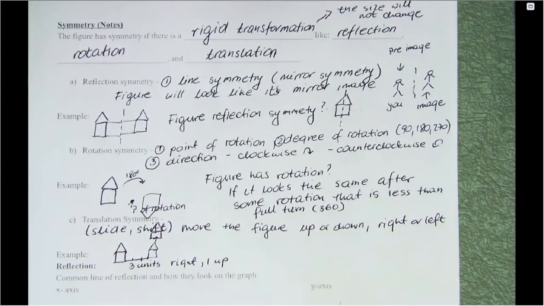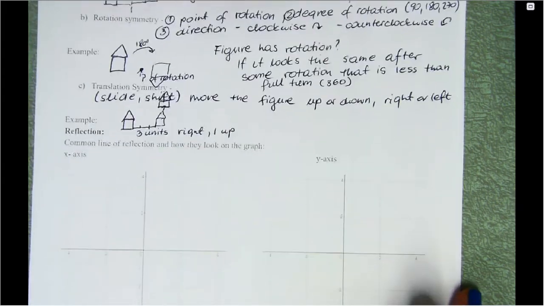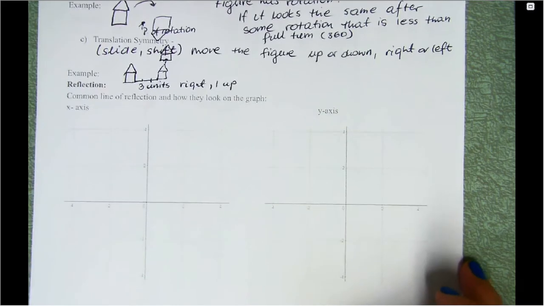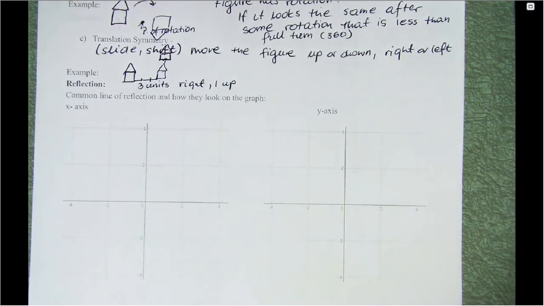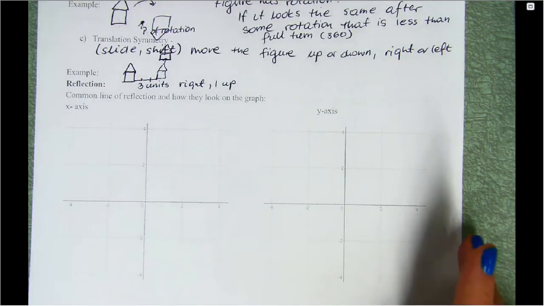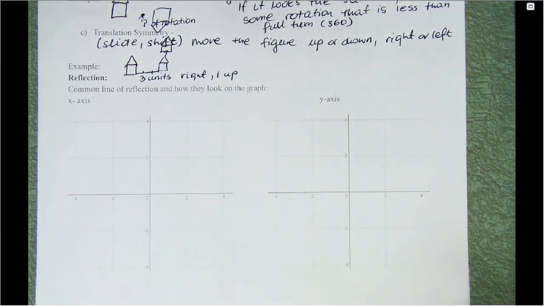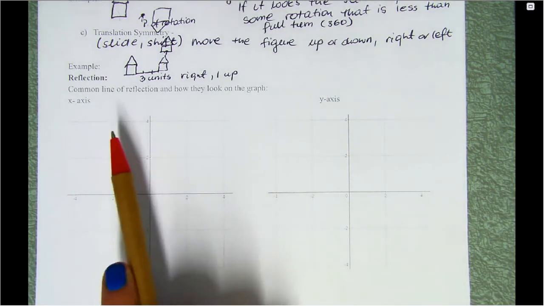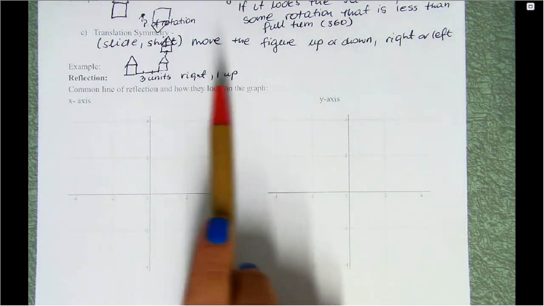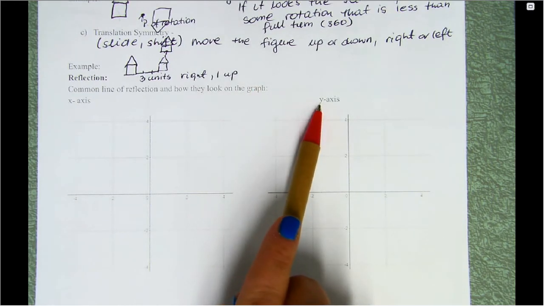So let's take a look at some examples. For you this year, guys, because we cannot do a lot of things on paper, some things you're going to have to do on the computer, but some of them you're just going to have to recognize what type of reflection it is. So for example, if I want to reflect an object, this is a little bit tricky because there are different lines of reflection and we need to know how they look.